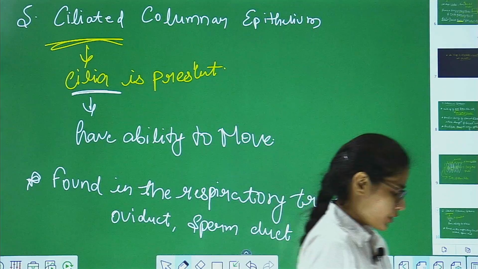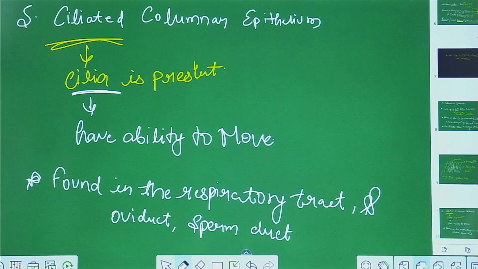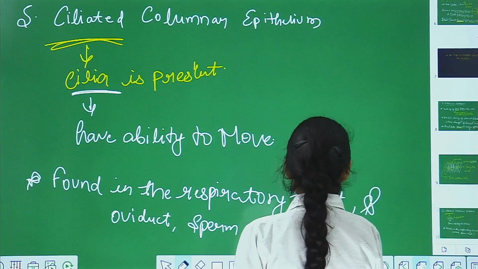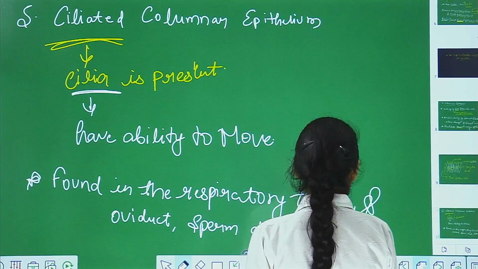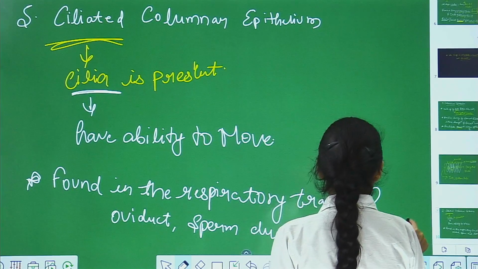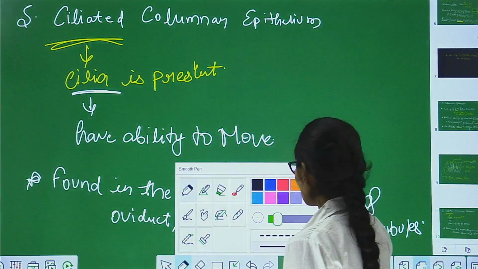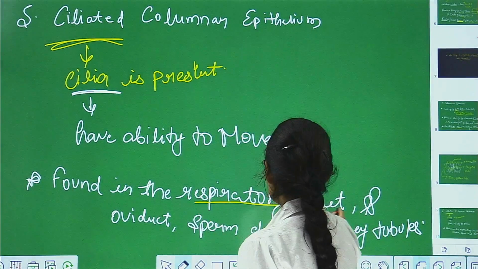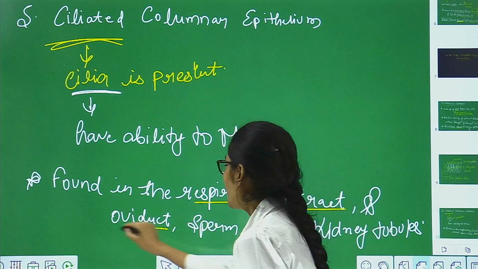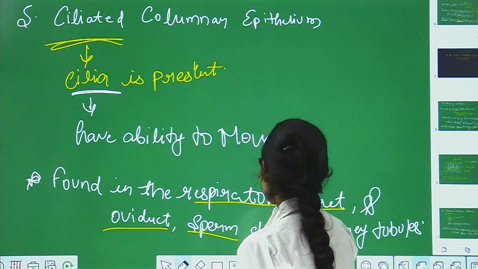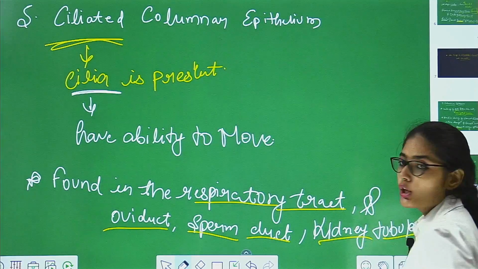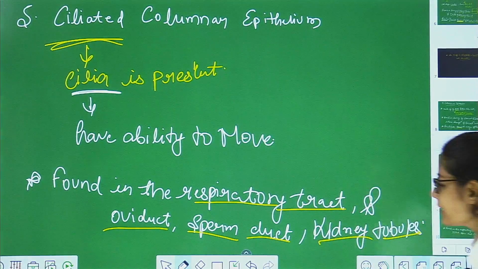Okay, so these are the places where they are found: the respiratory tract, oviducts, sperm ducts, or also some kidney tubules. Okay, so keep this also in your mind: respiratory tract, oviduct, sperm duct, and kidney tubules. Take a screenshot.